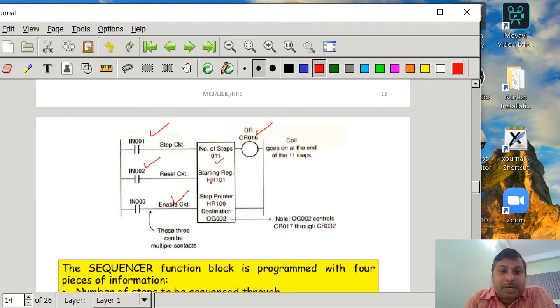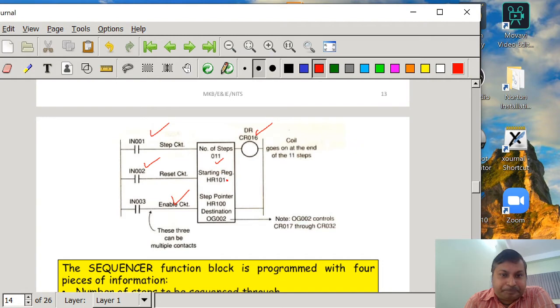It means that starting from HR101, along with 10 other registers, the pattern will be written, in which you want to turn the particular outputs on and off. And the step pointer HR100: as the sequence goes stepwise, the pointer will move to that particular register to indicate which register is now active.